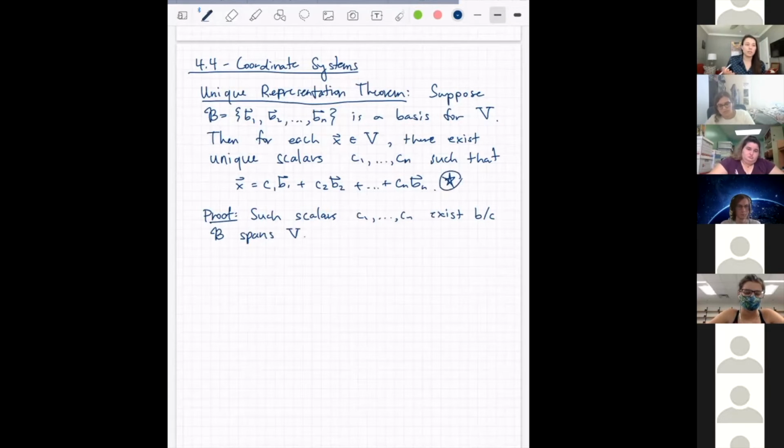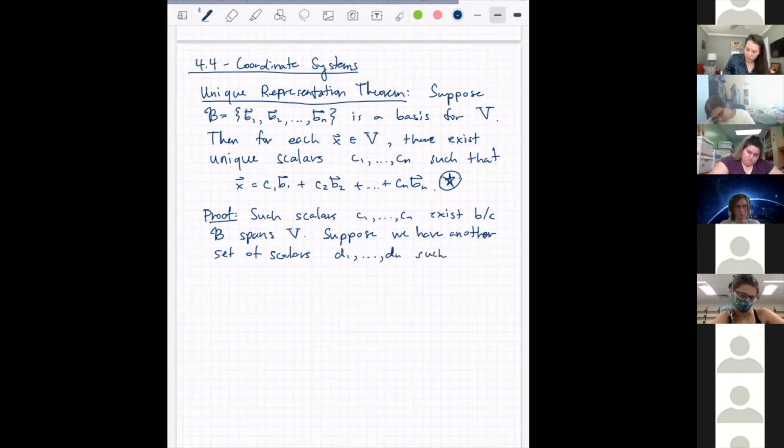So we want to know whether it's unique. How we go about this is we suppose we have another set of scalars, let's say D1 up to Dn, such that X is also equal to this linear combination.